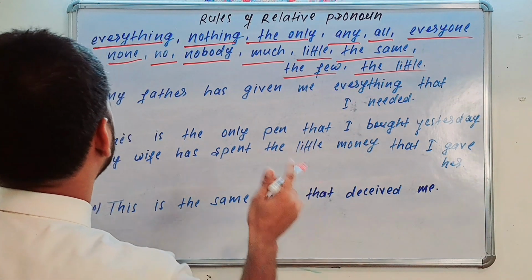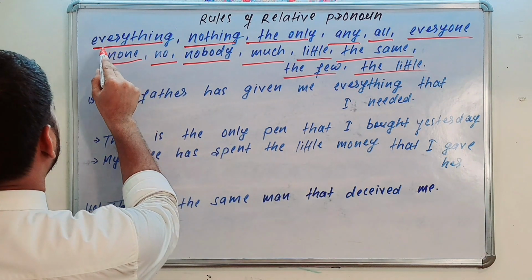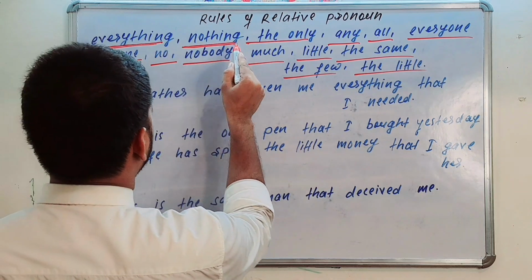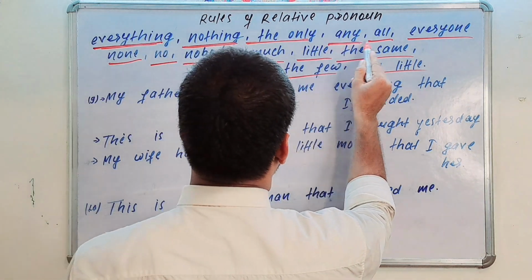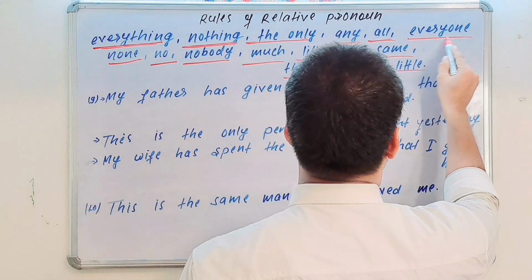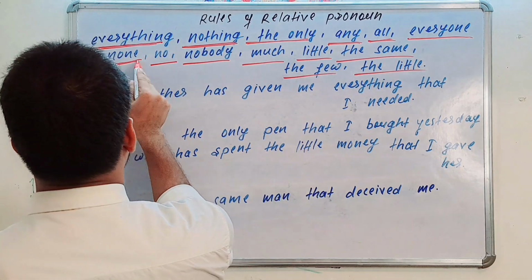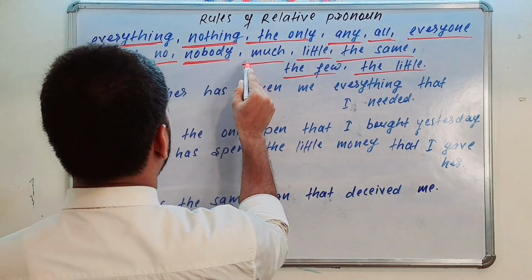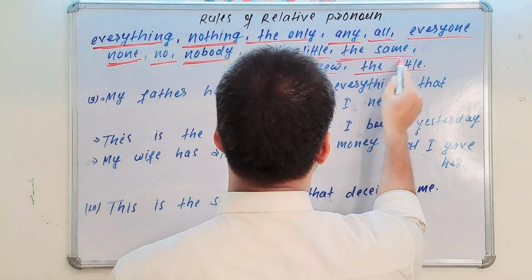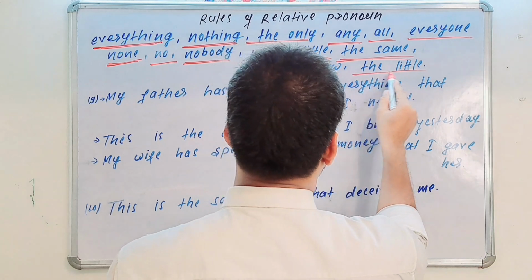Again, I'm repeating all these words that I have written here: everything, nothing, the only, any, all, everyone, none, no, nobody, much, little, the same, the few, the little.